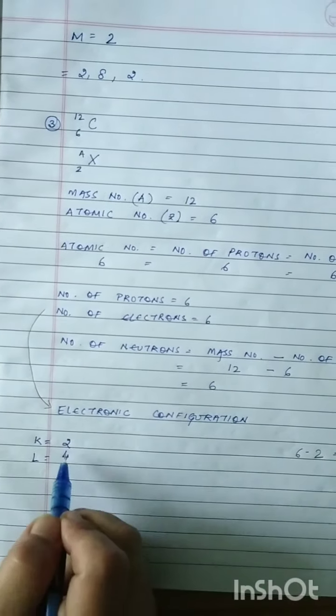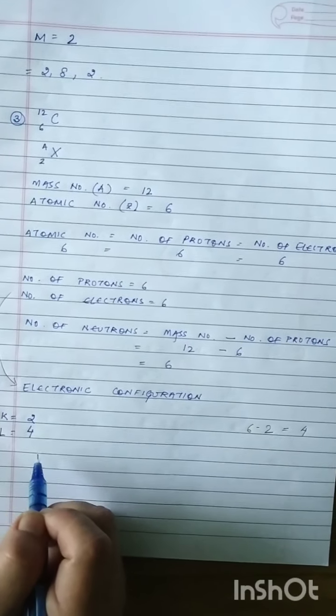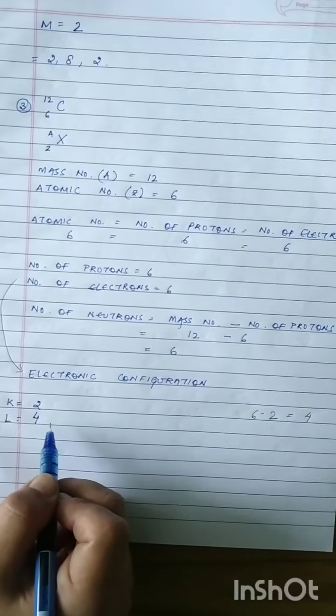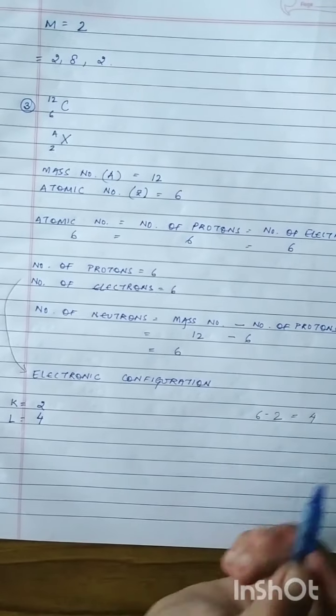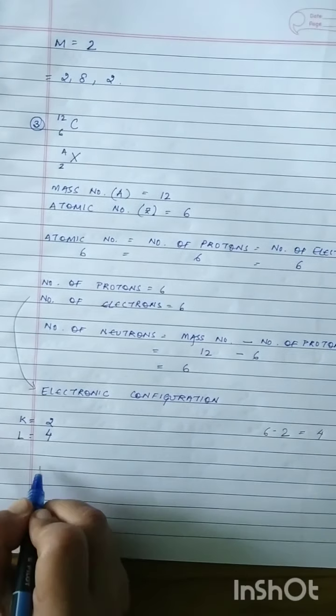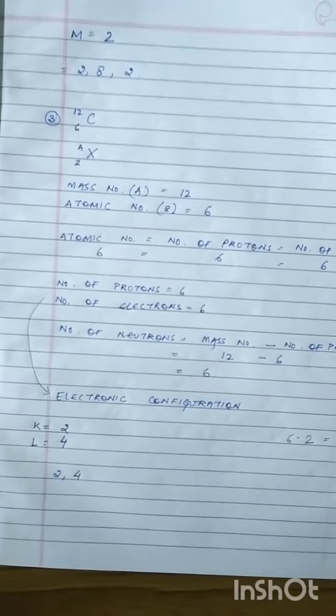I have told you, without filling the second orbit, I cannot go to the third orbit. I cannot write 2 here and go to the third orbit. I have to fill the second orbit first. So to fill the second orbit, I need 8 electrons, isn't it? So all these 4 electrons will be placed in the second orbit. So the electronic configuration is only 2, 4.